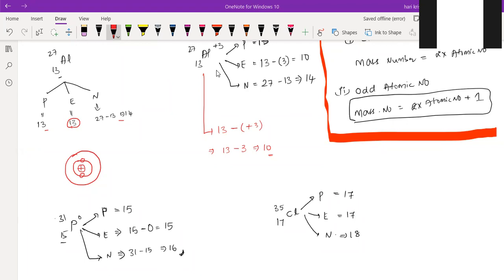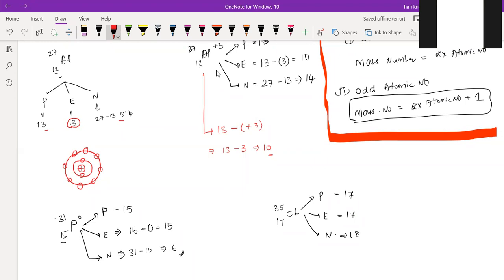The K shell will take maximum 2 electrons. Next, L shell will take maximum 8 electrons. So first we give 2 electrons out of 13. Remaining 11 is left. Out of 11, again we give 8 electrons. Total you have 13 electrons. So first we give 2 electrons to the K shell, next 8 to the L shell.